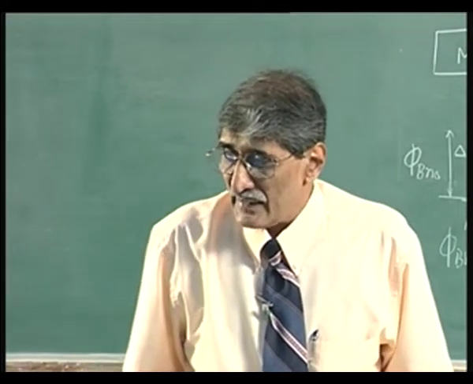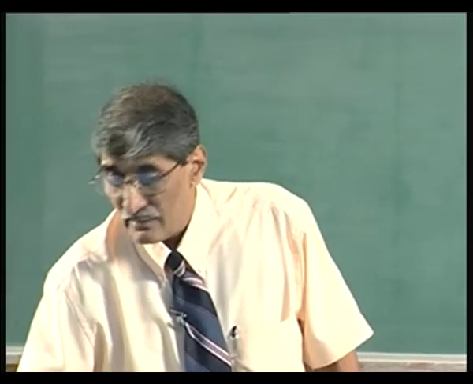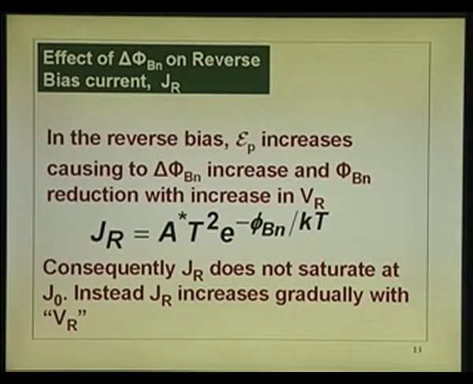Barrier height keeps on falling, that is why this is happening. You will be in trouble if there are large fields in certain portions of the device, because reverse current will dominate and leak through those portions because of this image force lowering.